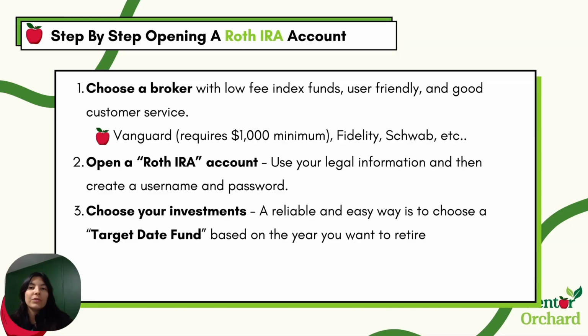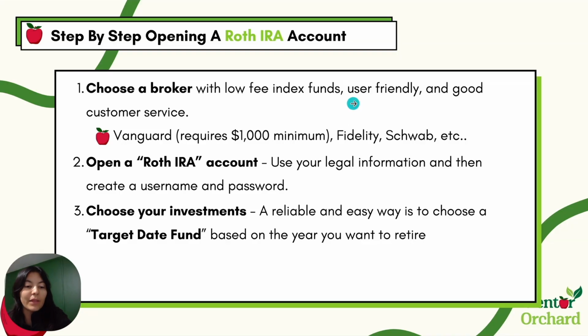So you're going to choose a fund that is close to or at the date that you would like to retire. And the closer that you get to retirement, the more conservative that fund becomes. So they're going to be investing more in bonds and treasuries, for example, which are less risky compared to stocks.